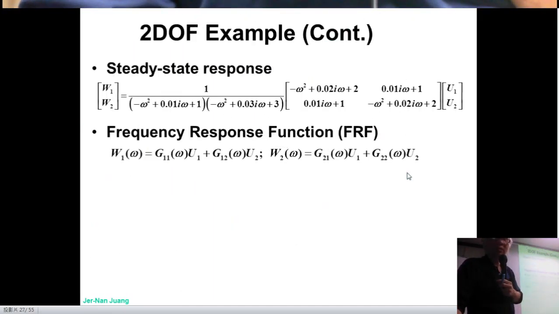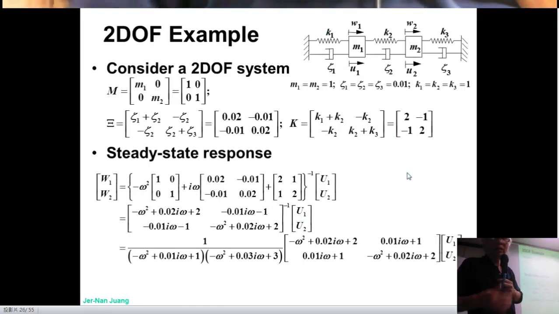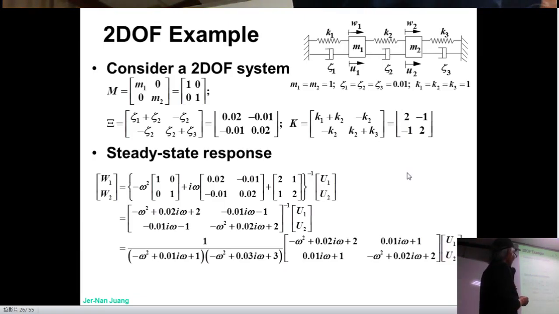Let's look at this plot. Okay. Now plot here. From first input to the first output, they are on the same location at M1. All right. The transfer function from the second input to the first output, they are not on the same location.